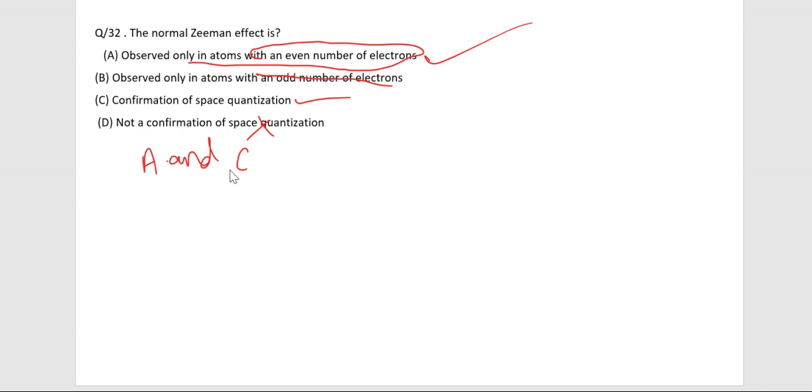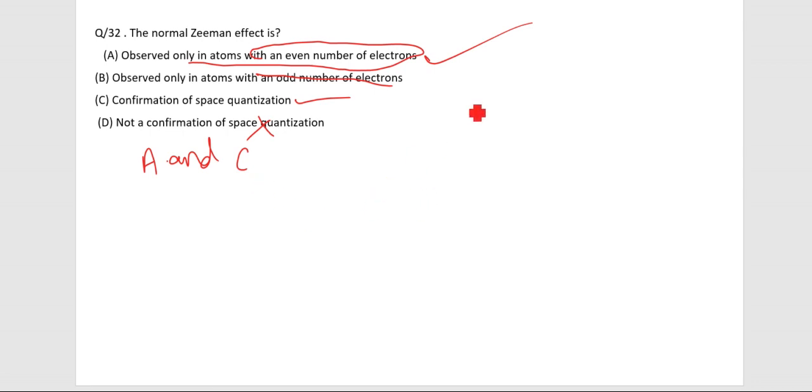Because the Zeeman effect is due to the singlet state. If there is an even number of electrons, they will be paired up, so the spin will be 0.